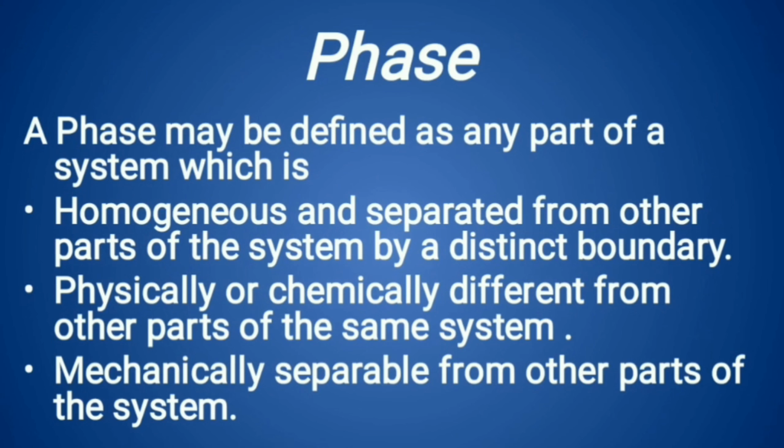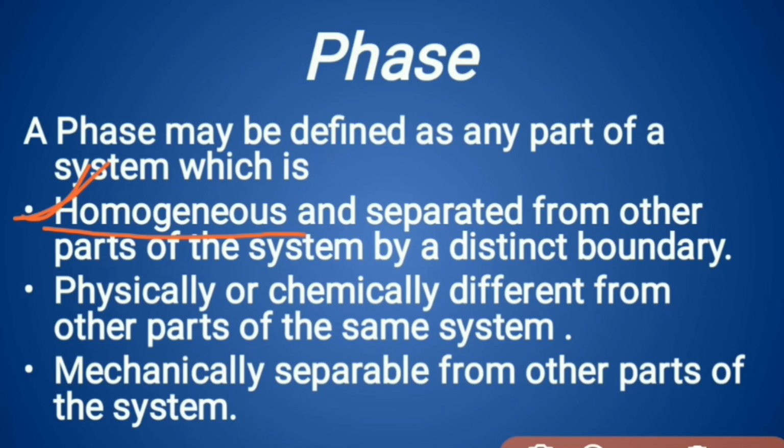So what is a phase? A phase may be defined as a part of a system which is homogeneous and separated from other parts of the system by a distinct boundary. Now the question arises, why is this word homogeneous used? So I will discuss this.